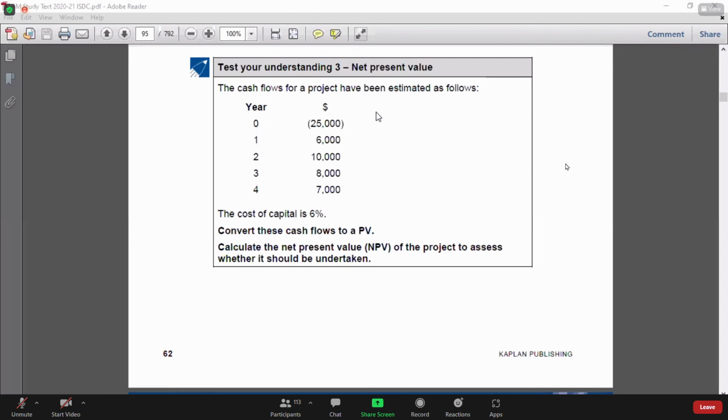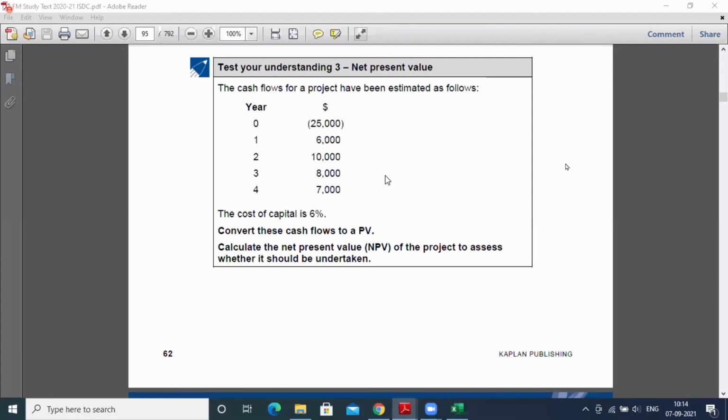I hope you are trying this. What is the NPV for this? One eight double two. Very good, Naina.